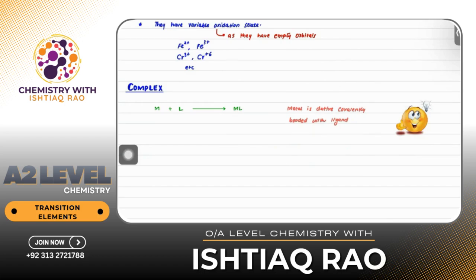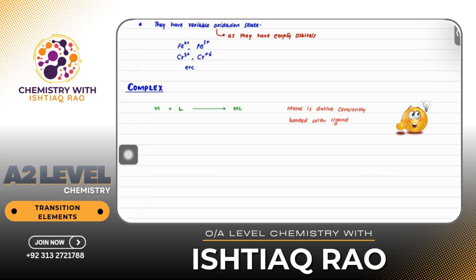And hopefully, you know what a dative covalent bond is. When we used to discuss HCl or CH4, it was mutual sharing of electrons, like 50-50% sharing. Both elements are going to share their one electron.